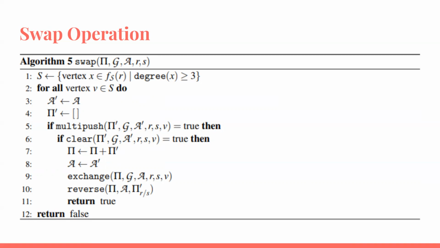Multi-push, which is described here, is an operation that attempts to move swap candidates to a candidate swap node. So that's where we're pushing it towards the vertex where we're able to perform the clear and then the exchange.